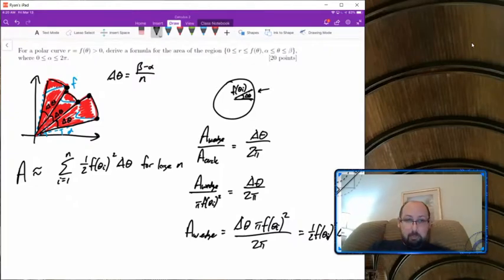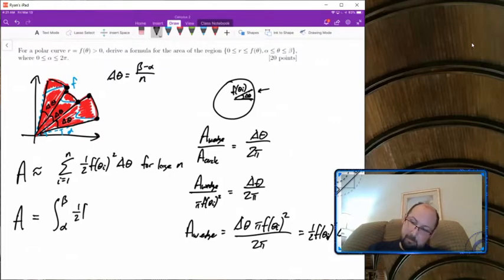For integrals, we just run n to infinity, and we get the exact answer: the integral from alpha to beta, the values between which theta varies, and then our formula for the area of a little sector goes here.